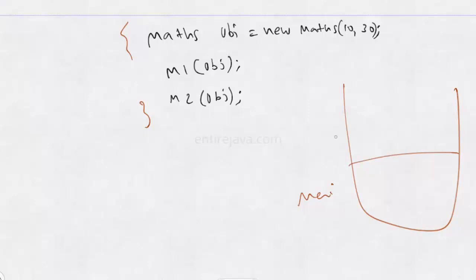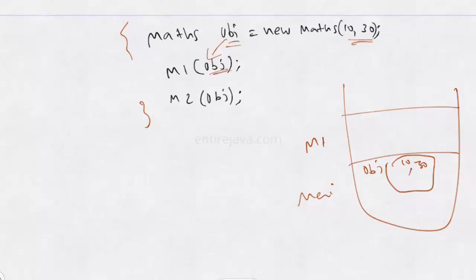We'll have an object created that will have a huge chunk of information about this object, including these variables, say 10 and 30. Now we're sending this object to this method m1. There will be a new section created for method m1, and its local variable would be the object that we sent.